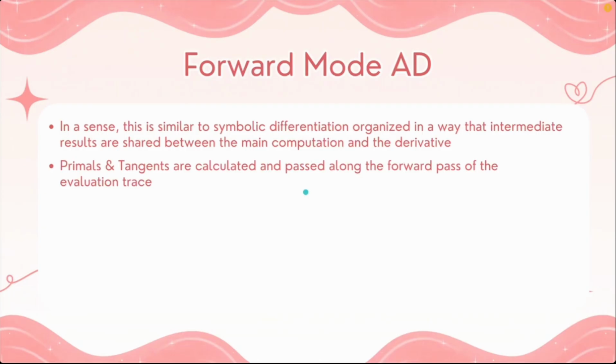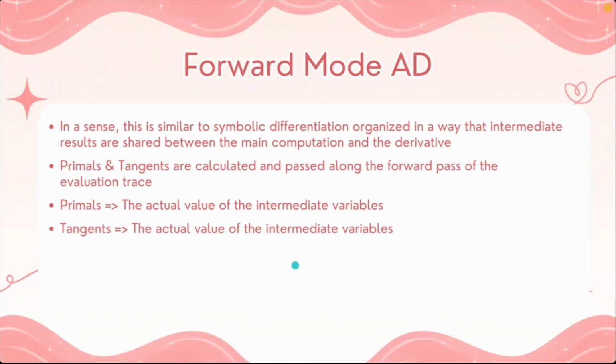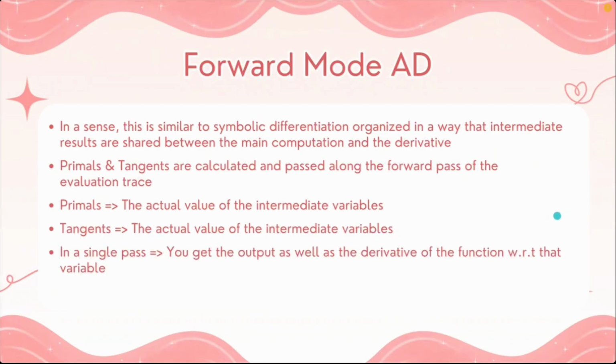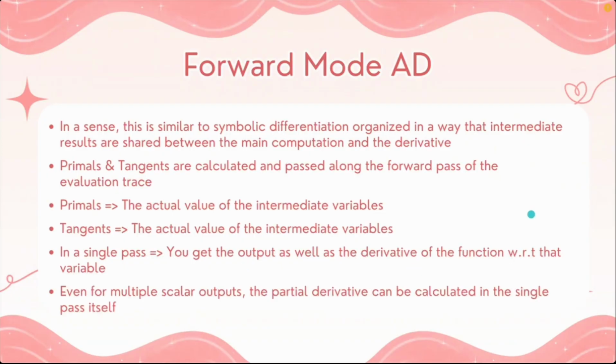What I mean by that is, at each forward pass of the graph, you send the value of a and b, as well as the derivative of a with respect to the function, and of b, and the intermediate value. So primals are the actual values of the variables, and tangents are the derivatives of the intermediate variables. In a single pass, you get the output as well as the derivative of the function.